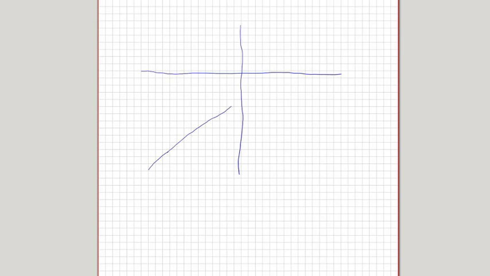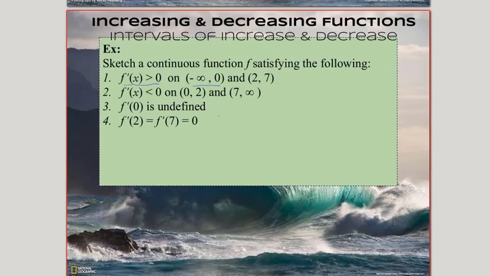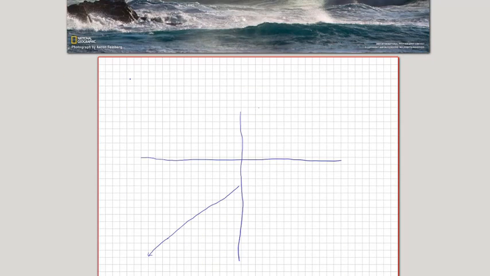and I might have to come back here and make some changes. But here's the idea. I want to be increasing on the interval from 2 to 7. So let's say this is 1, 2, 3, 4, 5, 6, 7.